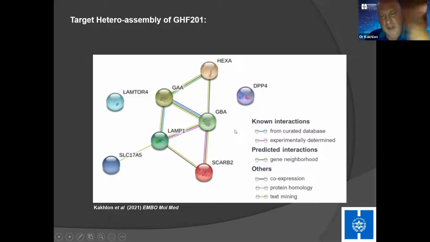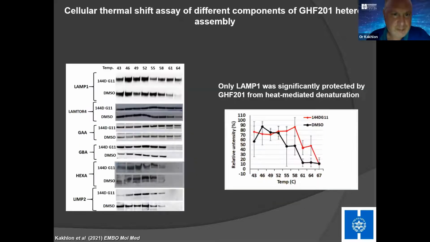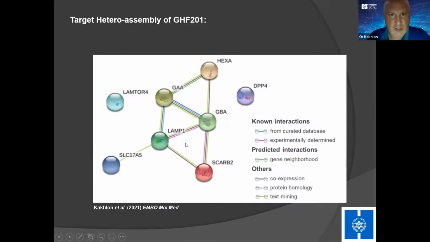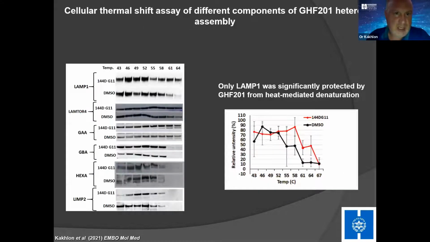And then we tested them, what we did next, and we saw that all of them are related to the lysosome and also autophagy, so there is actually a functional link between them. And then we tested them one by one. Which one of these directly interacts with GHF201? We tested it by an assay called cellular thermal shift assay, which in general means that you heat up the protein as you do with PCR.